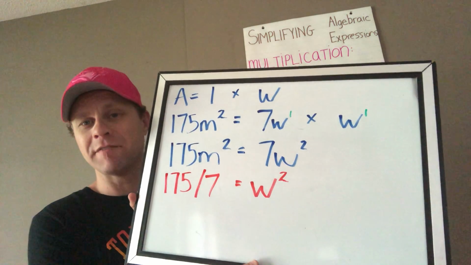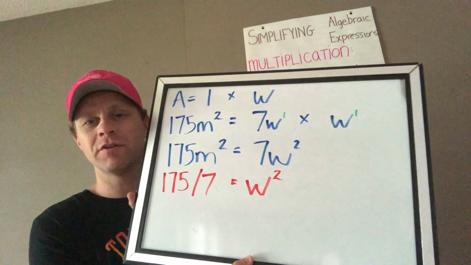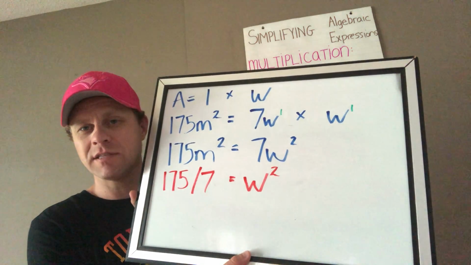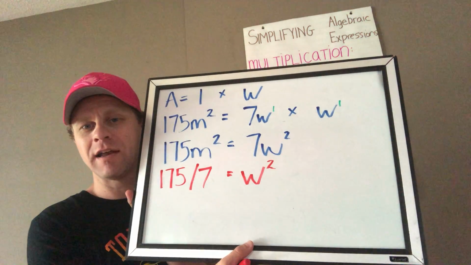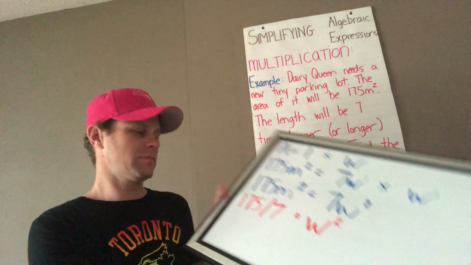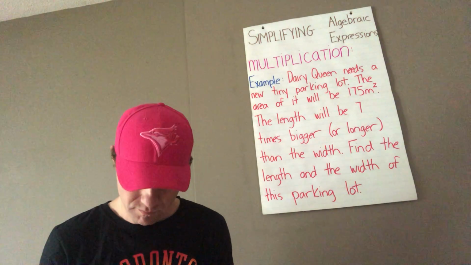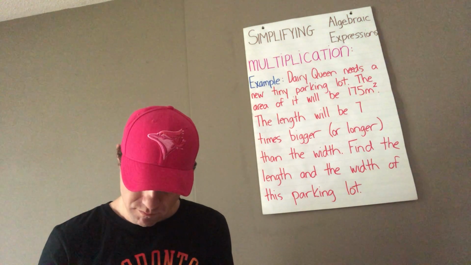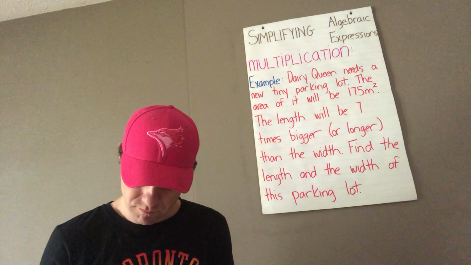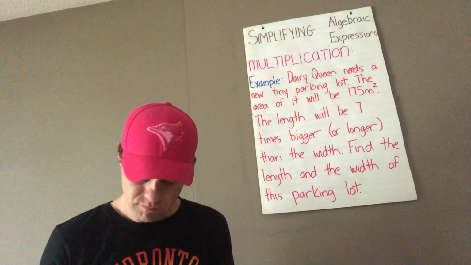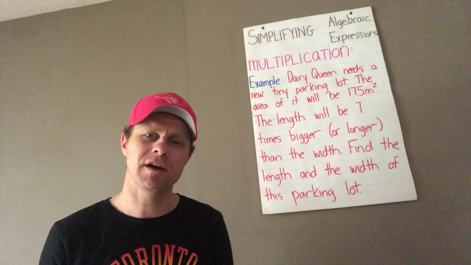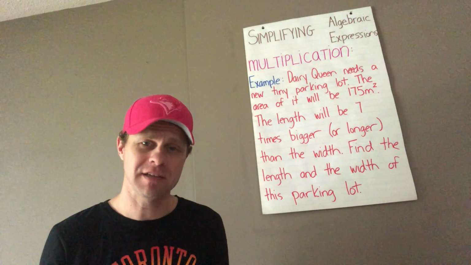So how many 7s go into 175? Pause this video and try and figure that out, okay? What number goes into 175 7 times equally?